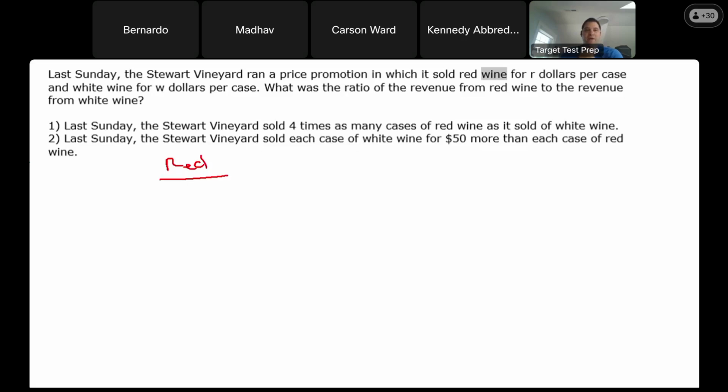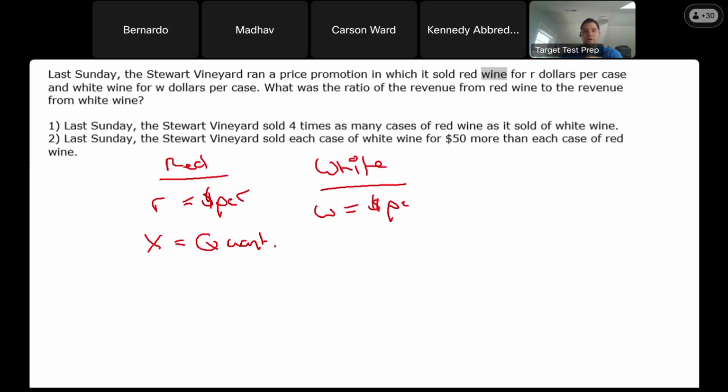So we've got our red wine variables. So we're going to say R is obviously the dollars per case. For the red, we can call X the quantity, right, of red. And then for white, W is dollars per, Y is the quantity, right? Now, we know it's either series. We're just going to combine everything together to go through it. Ratio of red to white is just Rx over WY is equal to what, right?